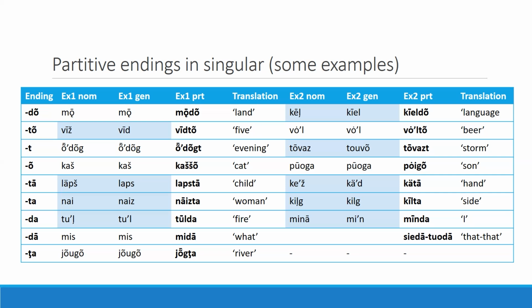Although often you need the genitive stem, here it is not so. Maybe I would even color it differently, where you really take the nominative stem. It's not that you add this t to the genitive form, but it picks the nominative stem. So tovast, tov, tovast, really. And the same is, for example, red is punni, so punis, punist.